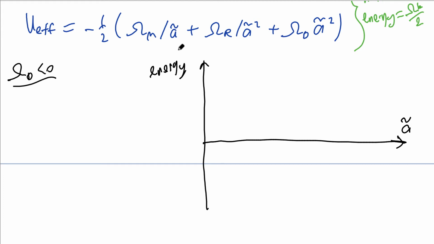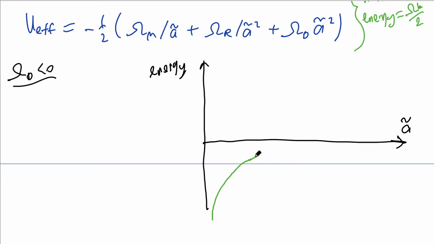Now when a tilde is small, these two terms dominate, and remember omega m and omega r are positive, so along with this negative sign that means the behavior looks like this for small a tilde. But as a tilde becomes larger, this term becomes more important, and since omega d is negative along with this minus sign, this has the behavior of an upturned parabola.